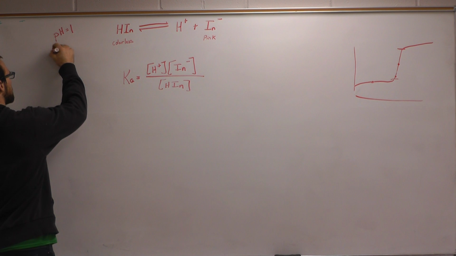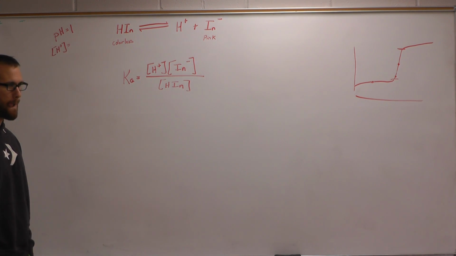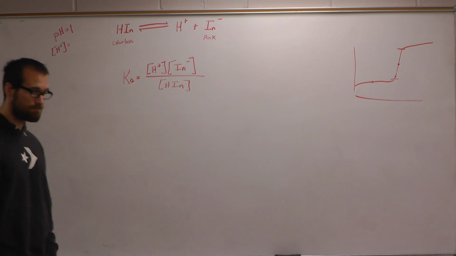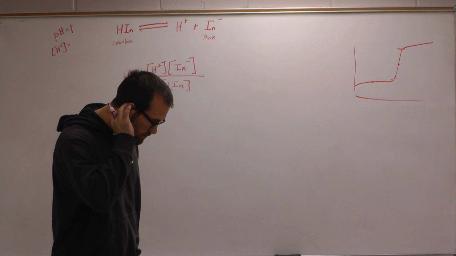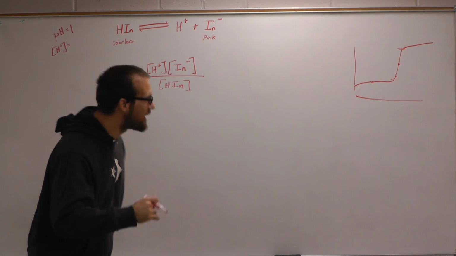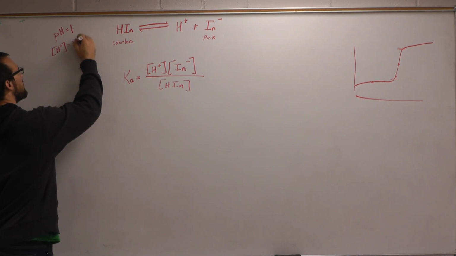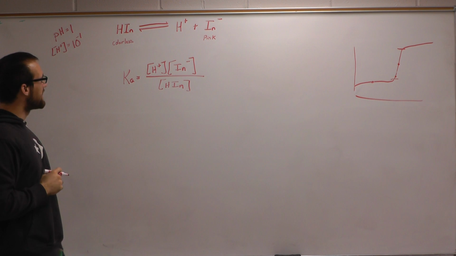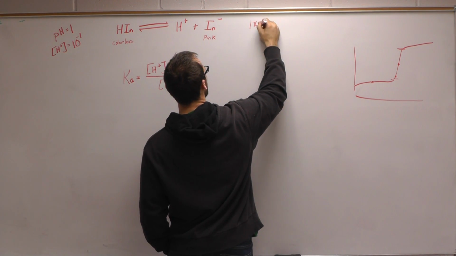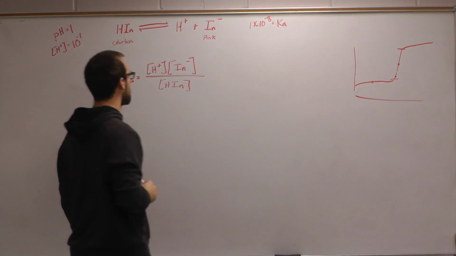What's the H plus concentration of that? 10 to the negative 1. Okay? The Ka for this particular indicator is 1 times 10 to the negative 8. It's the Ka for this indicator.